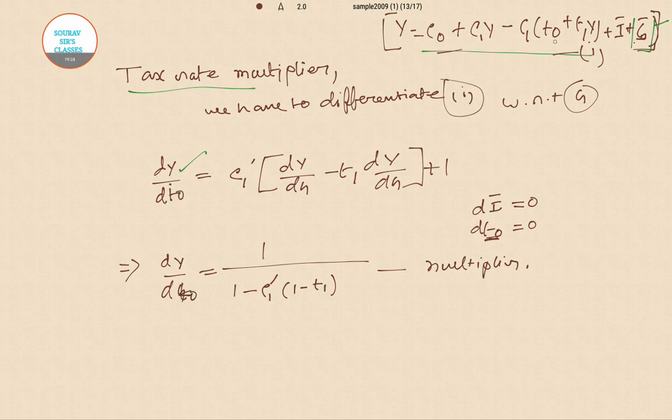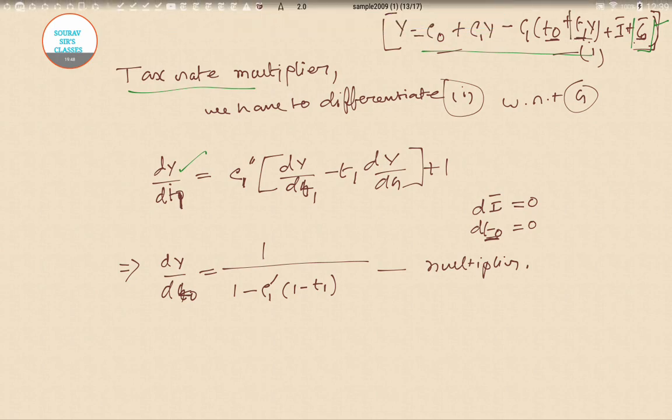So if you differentiate it with respect to T1, because that is the tax rate, you will get dy by dT1 from here. Then it will be minus T1 dy by dT1.